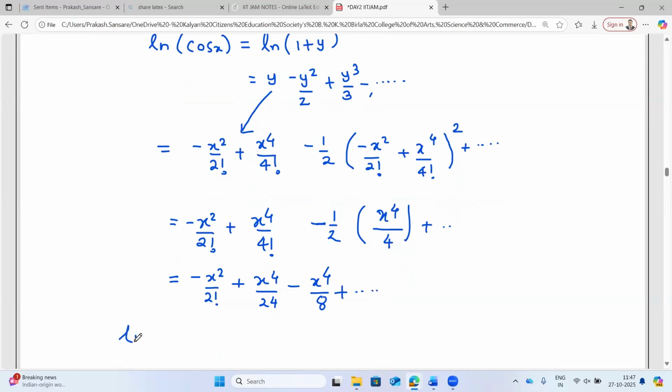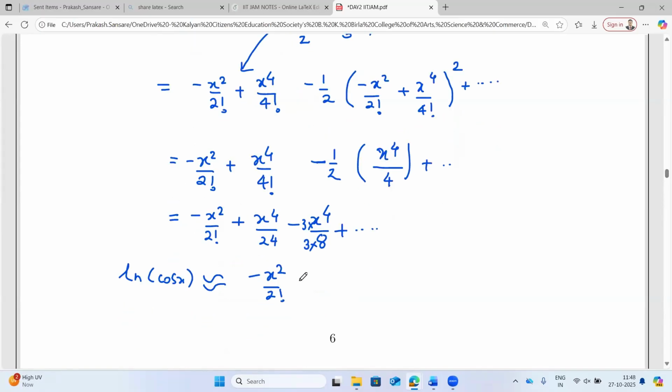Right. So at last I'll have ln of cos x approximately, up to 4 degrees, as minus x squared by 2 factorial. Here I may need to multiply by 3 and 3, so 1 minus 3 will be minus 2 times x power 4 upon 24, which is equal to minus x squared by 2 factorial, which is 2, minus x raised to 4 by 2 by 24, which is 12.